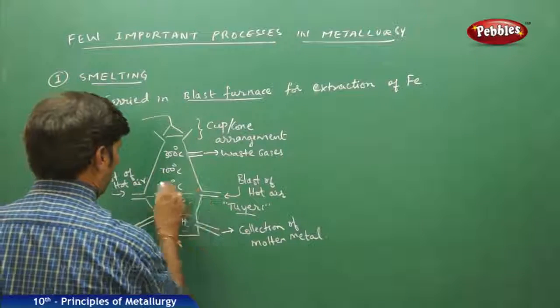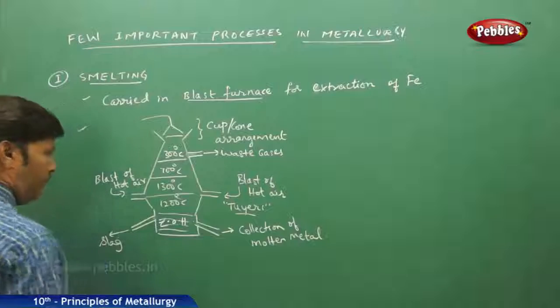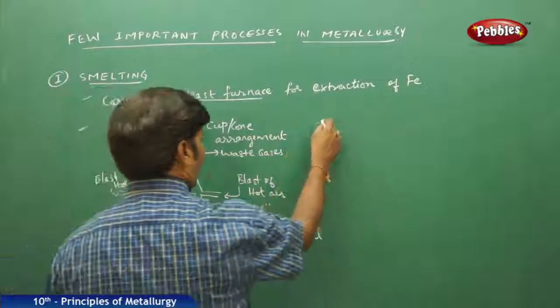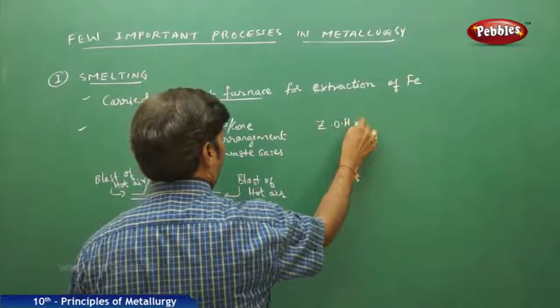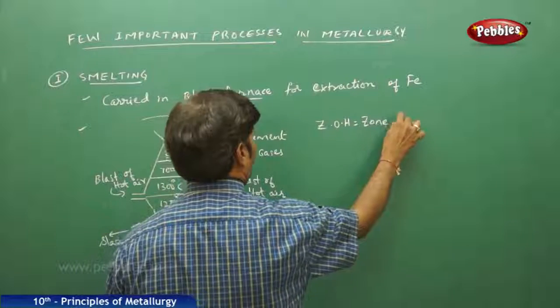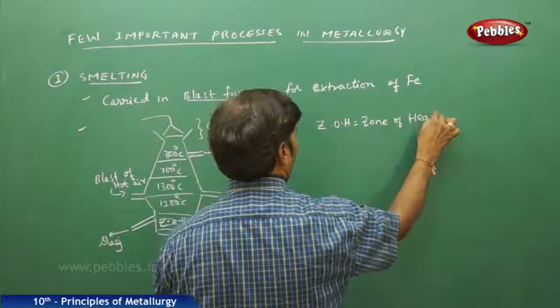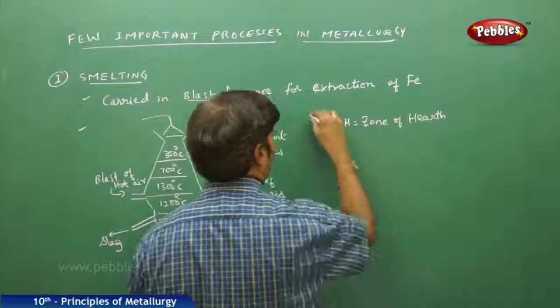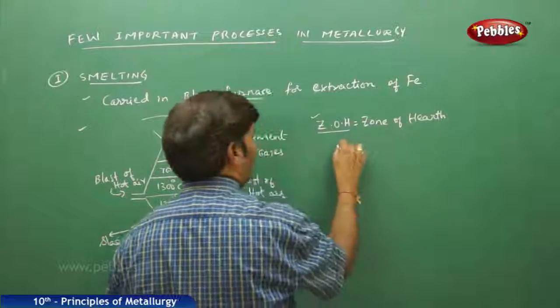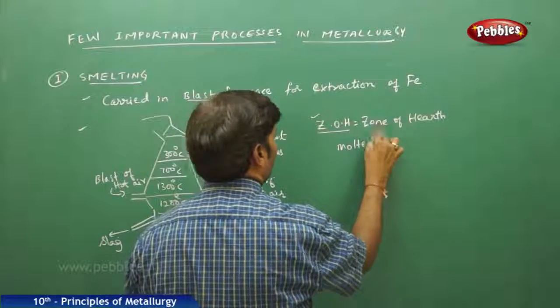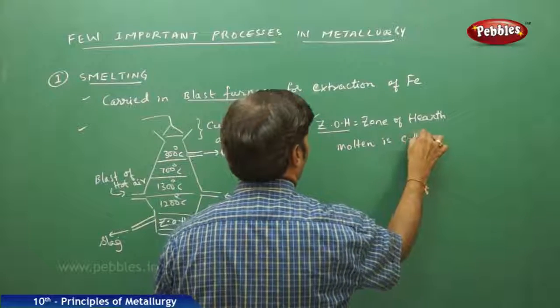So here these are different zones. Here ZOH is called the zone of earth, where in this zone of earth molten metal is collected.